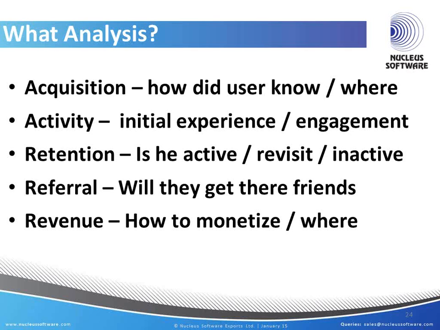Are the users happy? The first time he downloads, he uses, he continues to use, plays the first level of the game, then obviously he is a happy customer. If he starts the app and doesn't even complete the first level, then he's unhappy. Maybe the level is difficult, make it simple. Maybe the weapons or the characters are bad, so you need to collect data depending on what stage you are at. And referral works in the mobile world. That's how WhatsApp grew so fast, and even Uber, Ola, and others. Revenue, you need to decide what way.